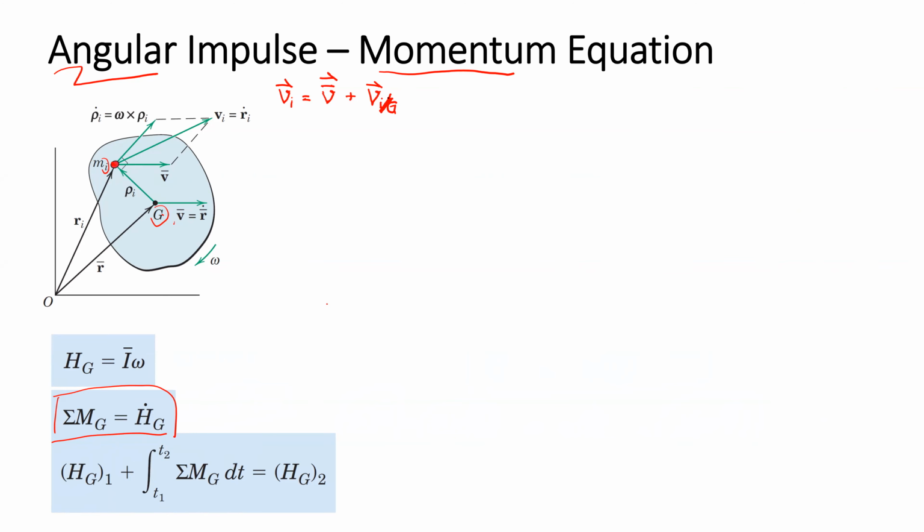If we consider the direction from the picture, v bar has the horizontal direction, like this.